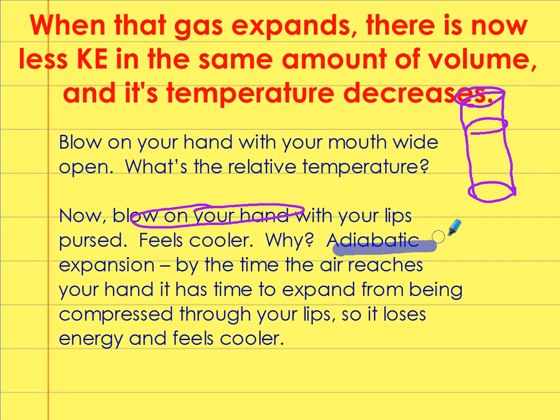All adiabatic means is there is no heat that has a chance to be exchanged. So this is no heat change. All right, now if there's no heat exchange, that means Q is 0. By the time the air reaches your hand, it has time to expand from being compressed through your lips, so it loses energy and feels cooler. Kind of cool, huh?